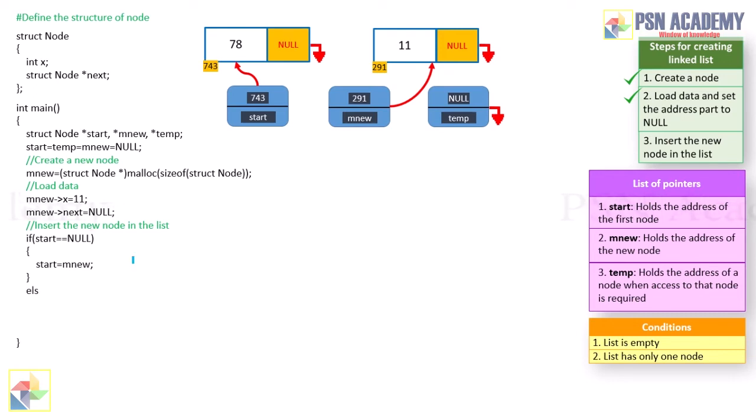So you write like this, else if start itself is not equal to null and start next is null, then this mnew, this new node, will be the second node in the list, right? So you have to connect these two nodes by changing the null pointer here with 291, right?